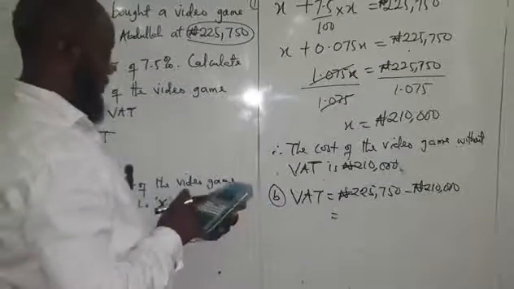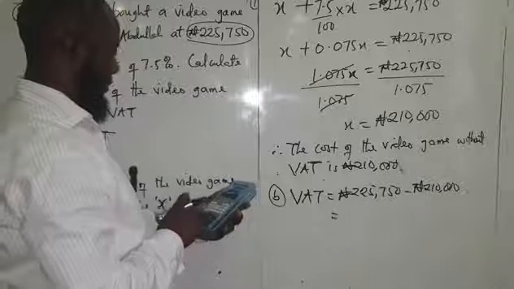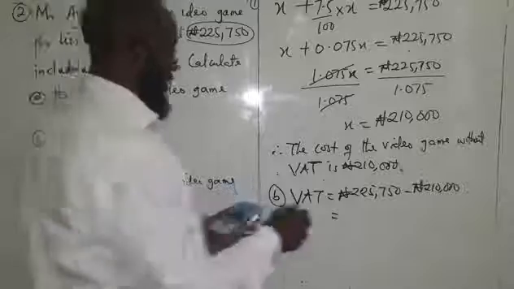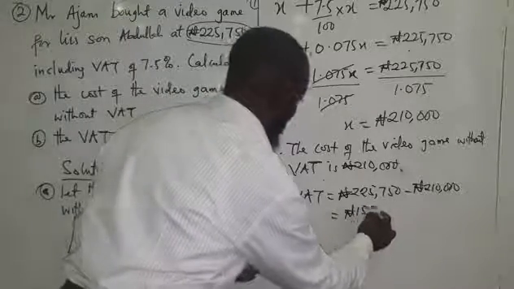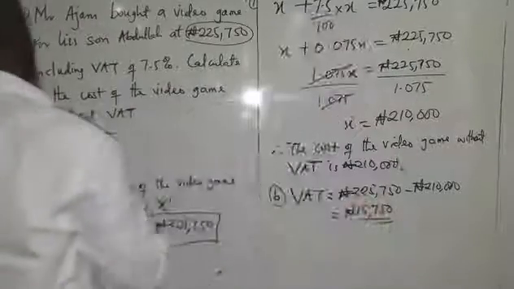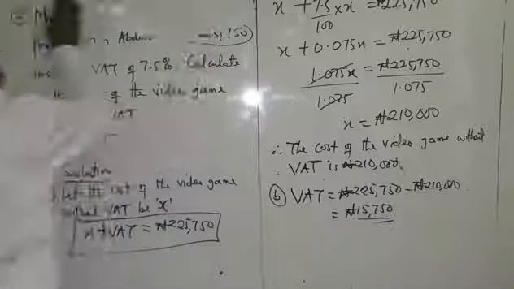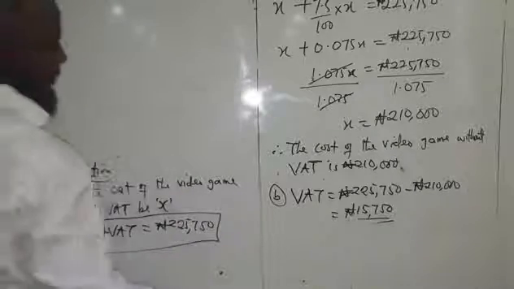225,750 minus 210,000 gives us 15,750. We can also confirm this by finding it using this.